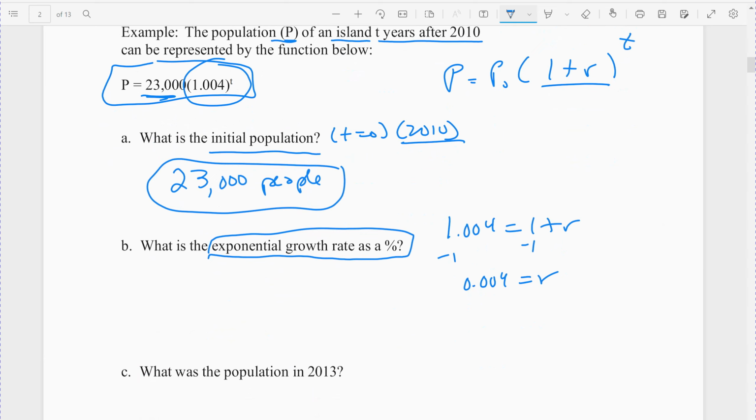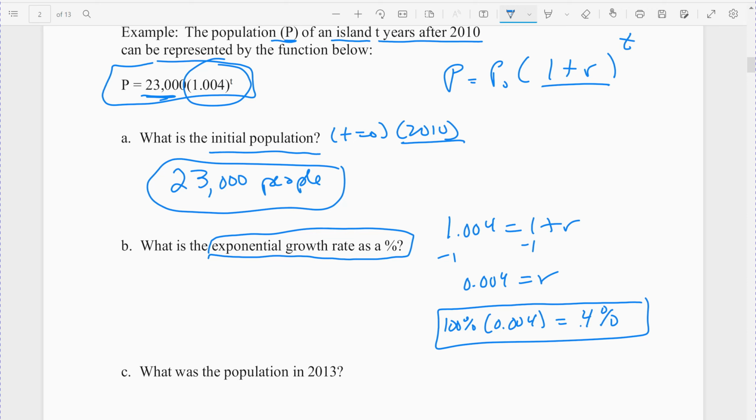If you want that as a percent, you multiply by 100.